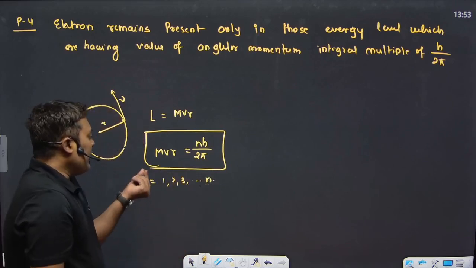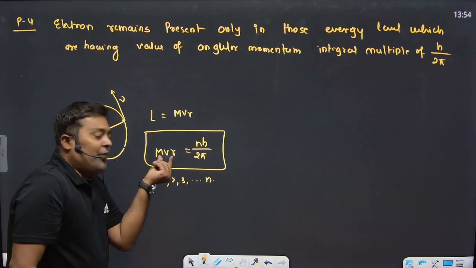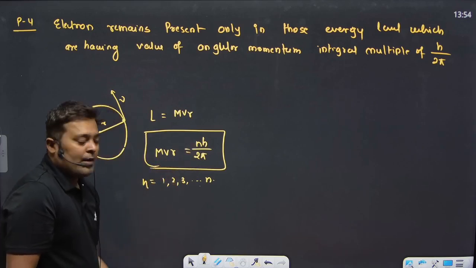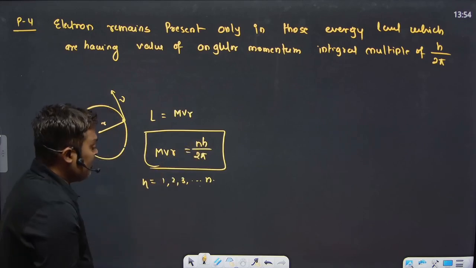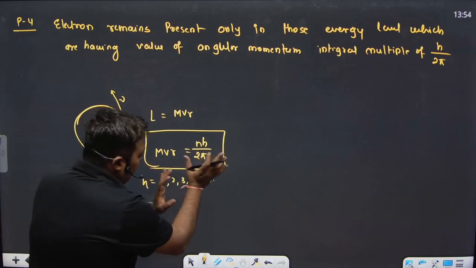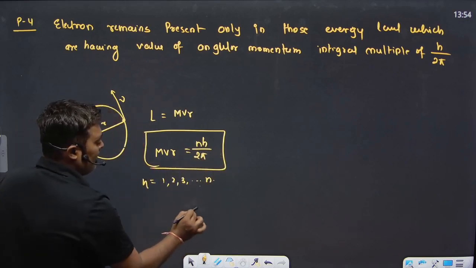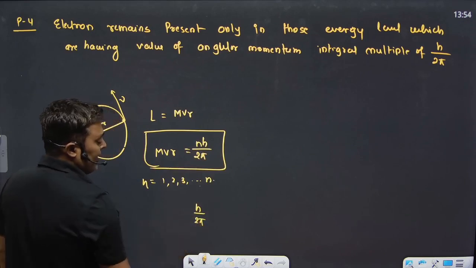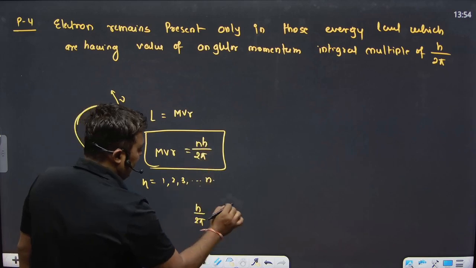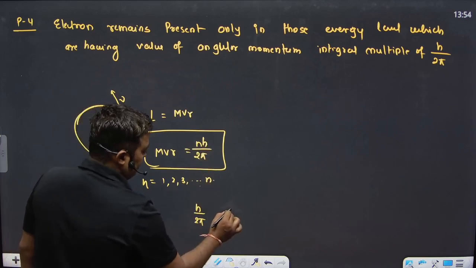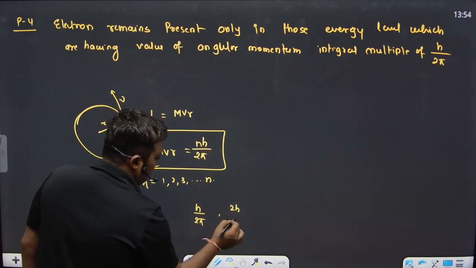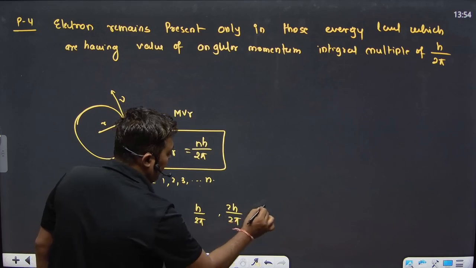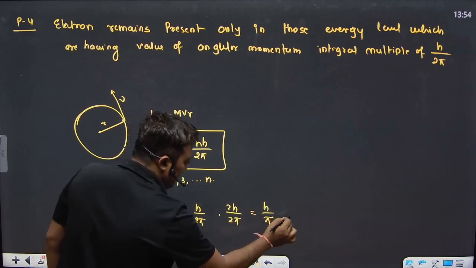So it means the value of angular momentum is going to change by a fixed amount. What can be the value of angular momentum? For the first energy level, it is h upon 2 pi. For the second energy level, it is 2h upon 2 pi, which is simply h upon pi, like that.